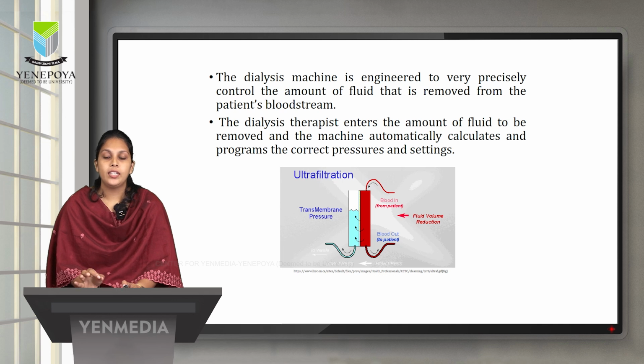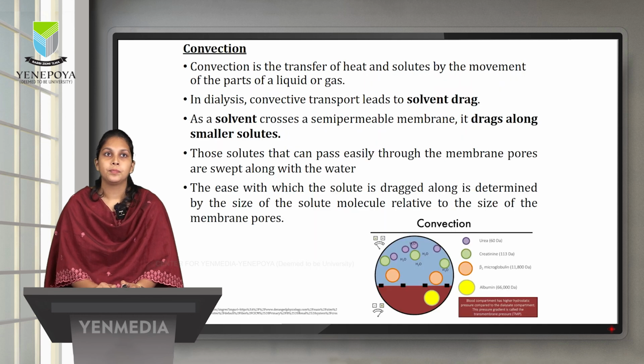The dialysis therapist only needs to enter how much water should be removed from the patient's body into the dialysis machine. The machine automatically calculates how much should be removed each hour and how much pressure should be given, and all the settings are automatically calculated by the dialysis machine.